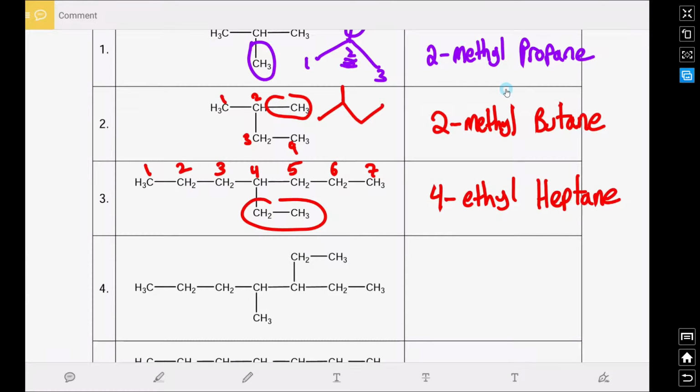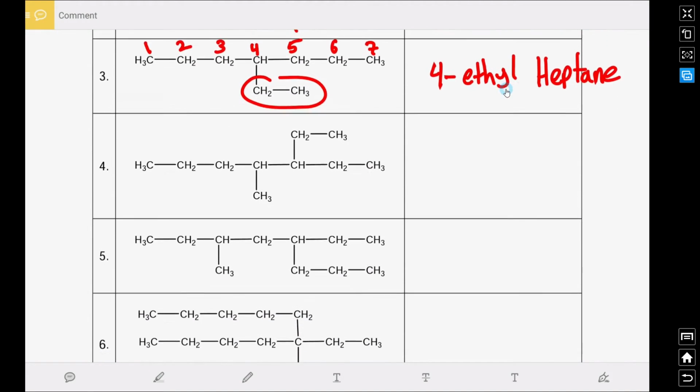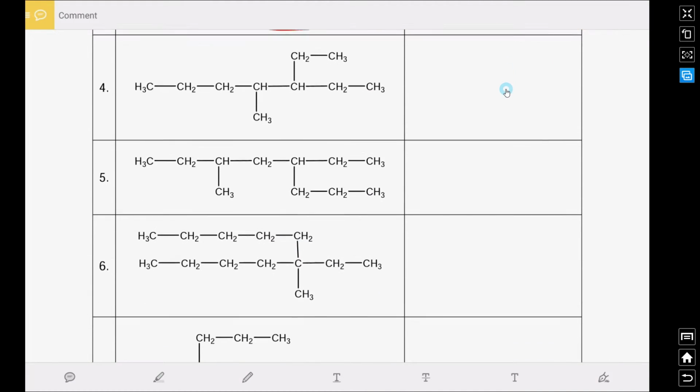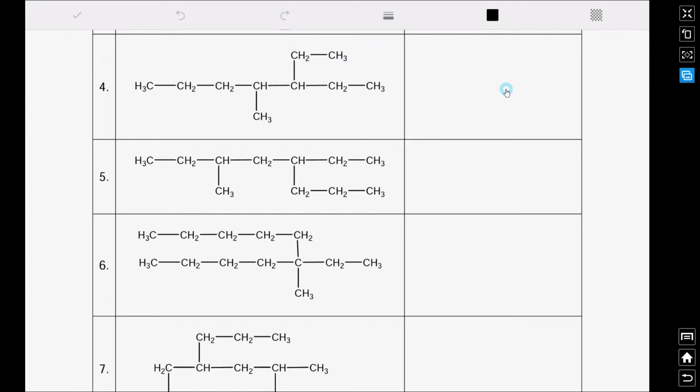Okay. Now the next one. This one might require some trial and error. Alright, let's count. I'm going to say I think the longest chain will be this. 1, 2, 3, 4, 5, 6, 7. Although I could have easily also gone 5, 6, 7 that way, and it will still get me 7 carbons. Okay, so I'll leave it like this.